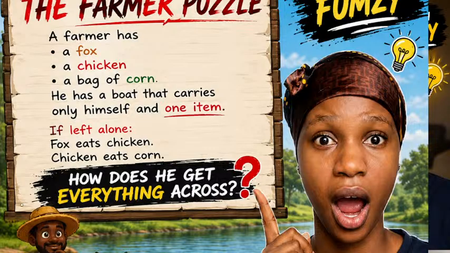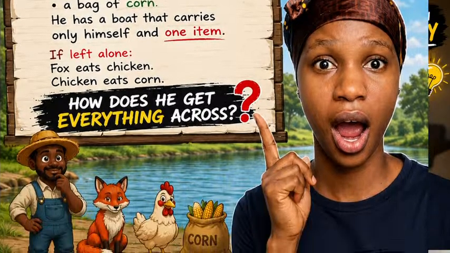If he leaves the chicken and the bag of corn, the chicken is going to eat the corn. If he's not there, he won't be able to prevent all of this from happening. So he needs to take whatever is going to be safe. So how then does he get across these items?